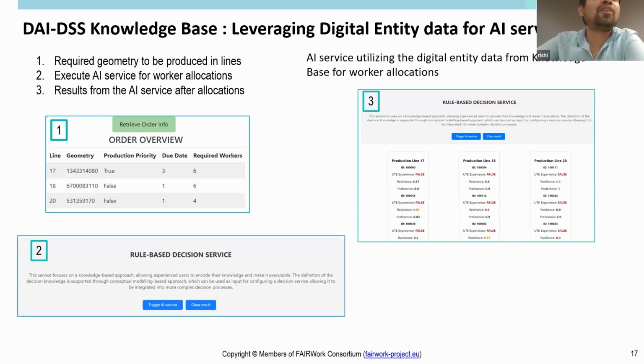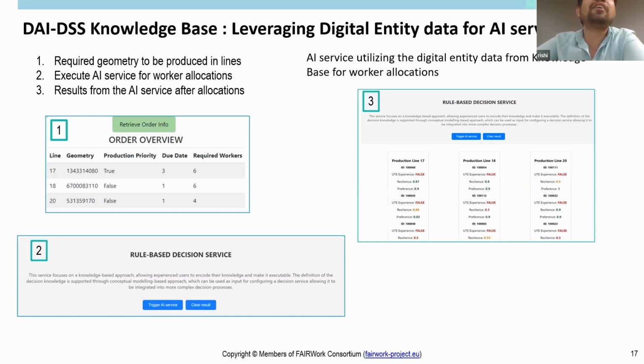The second service takes the input from the first, as well as the combined data obtained from this microservice orchestration. Both are fed into the algorithm, which provides output on the right hand side. On image 3, you can see the decisions made based on operator preference, experience, and resilience factors, and the required workers have been allocated.